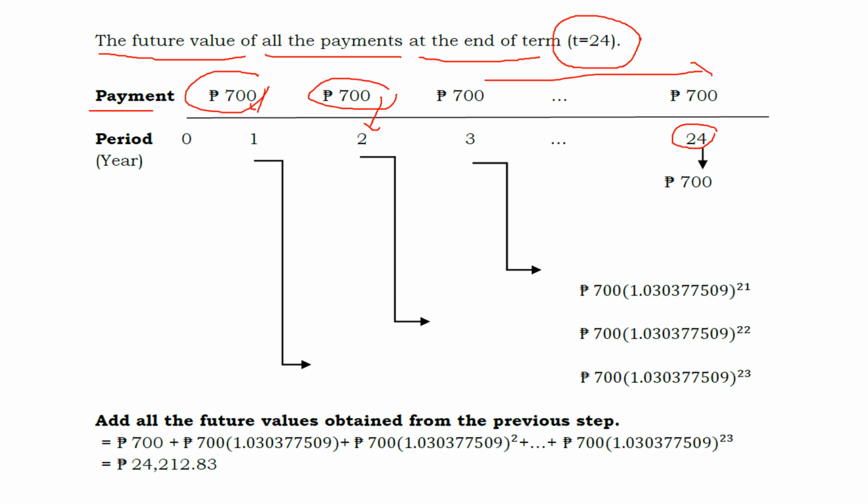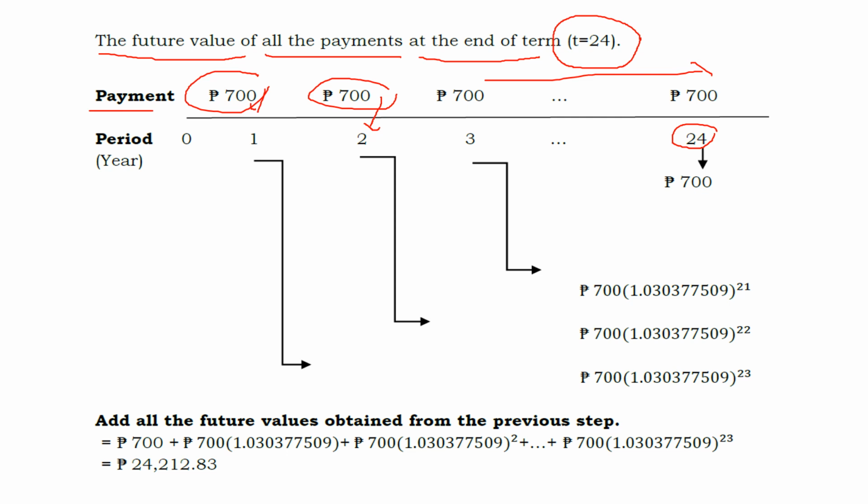How we compute for the future value is the same process. We apply compound interest to the principal, which is 700 pesos per month.